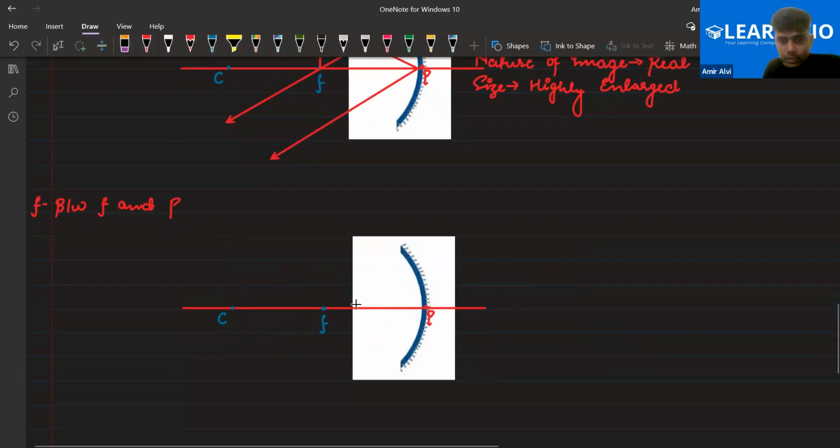The object is placed between F and P. First ray will always be parallel to the principal axis, and it will pass through the focus now.